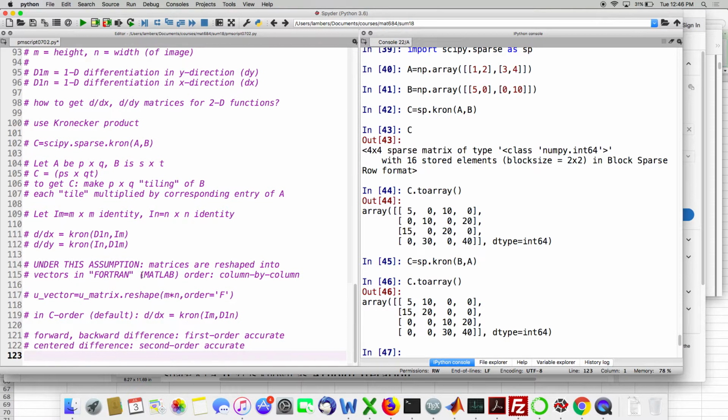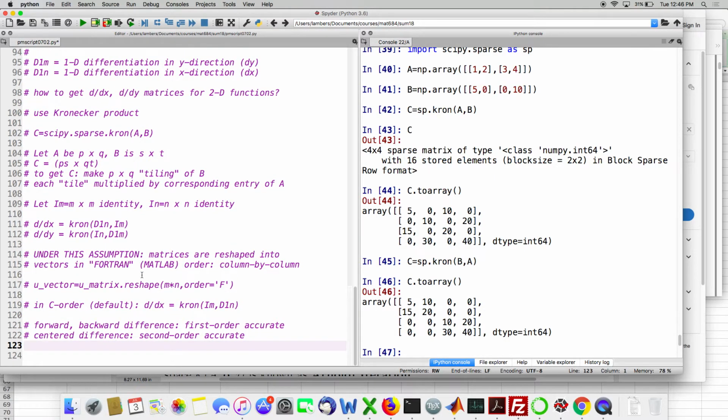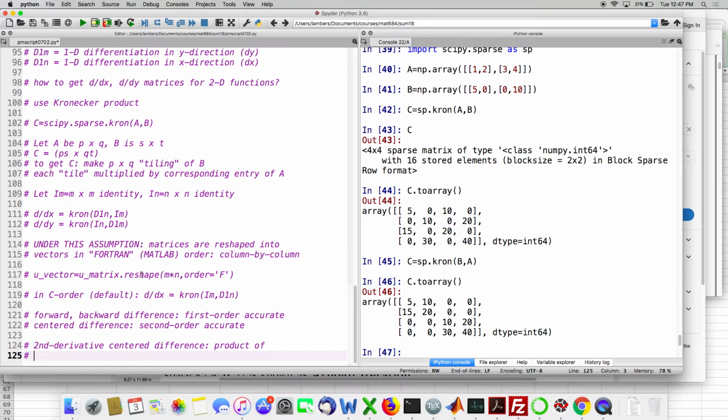So you might think, why would I ever use a forward and backward difference? But keep in mind the second derivative center difference can actually be written as a product of forward and backward difference.